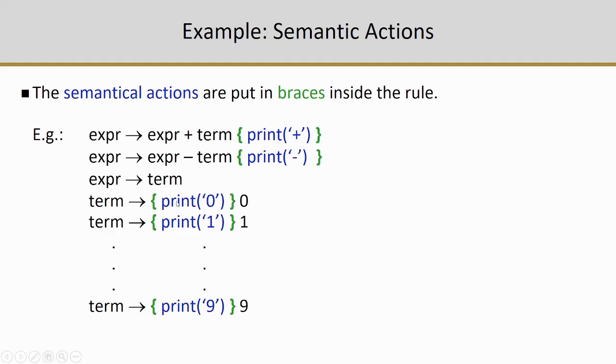So for example, here the semantic action is before the token generated by the grammar rule. In the first two cases, the semantic action is just after the non-terminals and terminals in the grammar rule, and also we can have grammar rules not containing any semantic action at all.